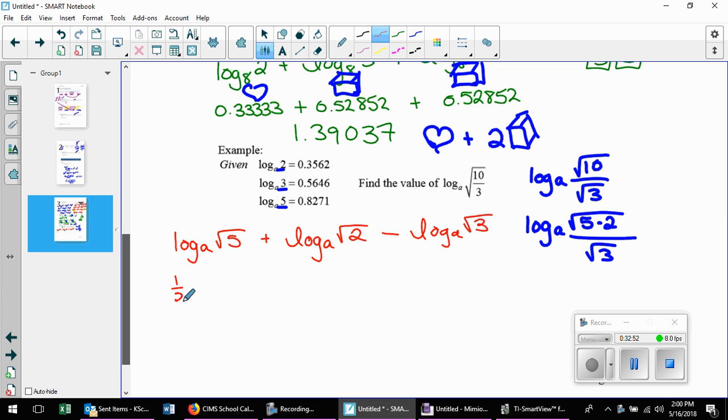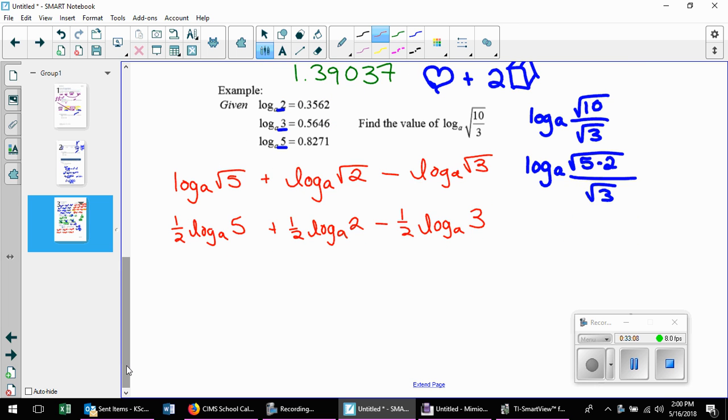No, so this is going to be 1/2 log base A of 5 plus 1/2 log base A of 2 minus 1/2 log base A of 3. Can I combine any of those? They're all base A's. How come? The arguments are all different, so you can't combine them. Even though they have the same base, you can't combine them.